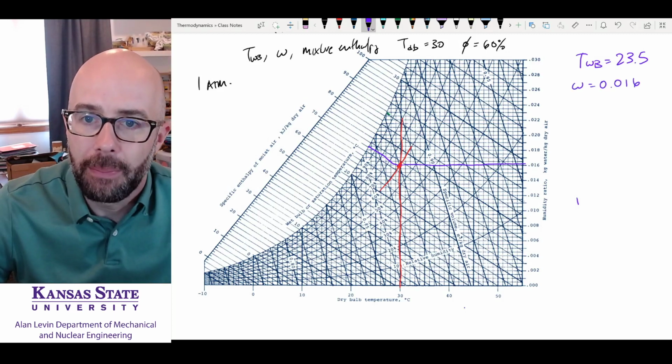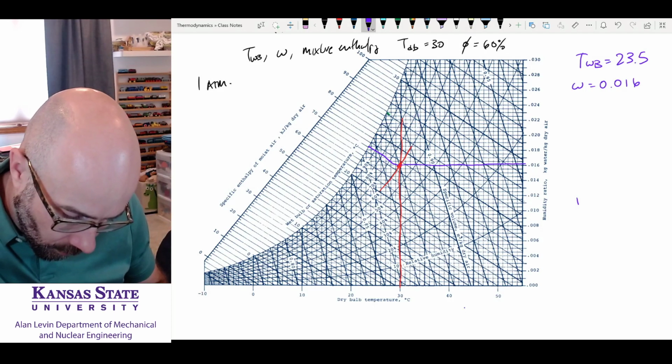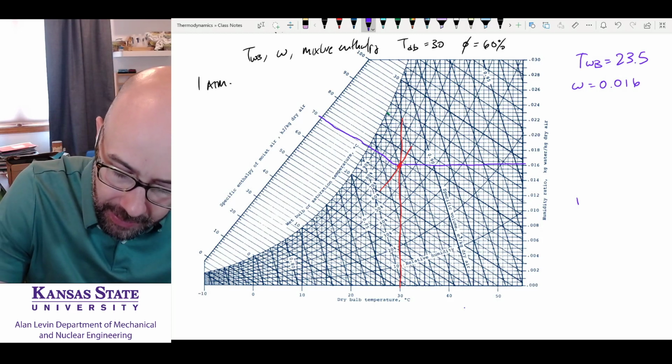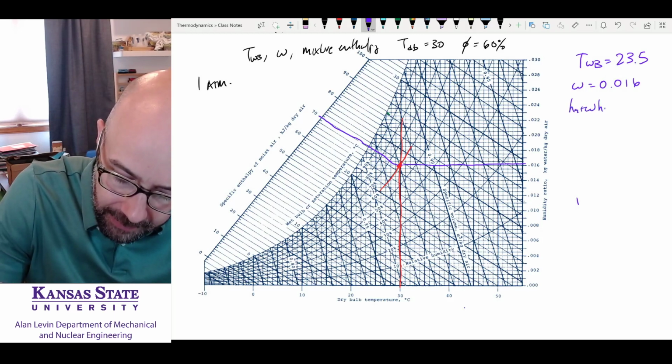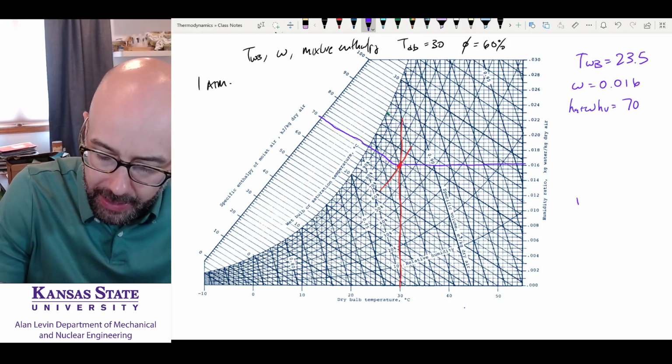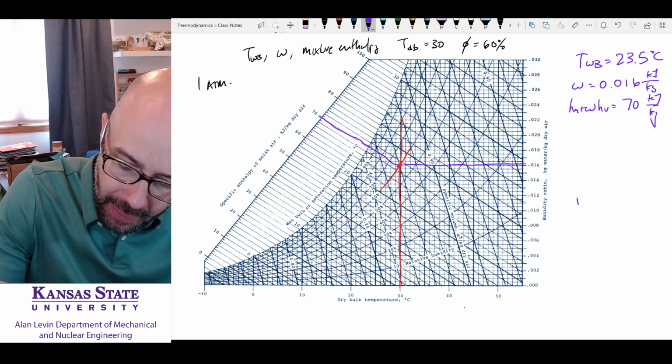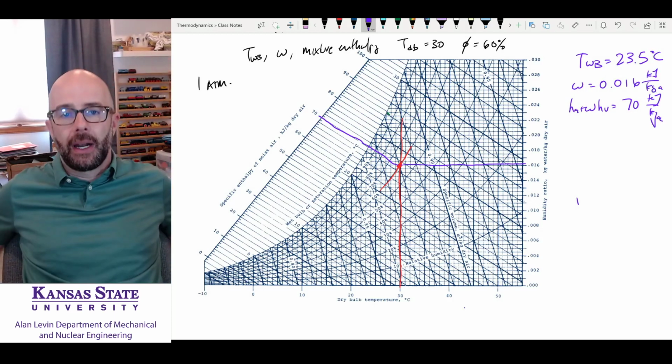What is our mixture enthalpy? The mixture enthalpy, h_a plus omega h_v, is equal to 70 kilojoules per kilogram. I should put here that this is degrees Celsius, and this is kilojoules per kilogram of air.